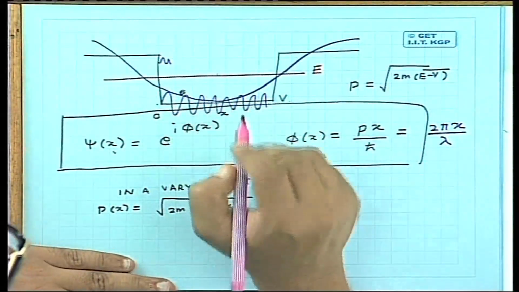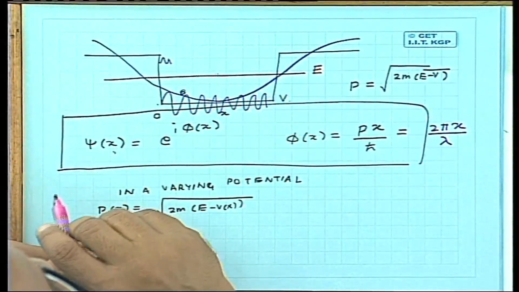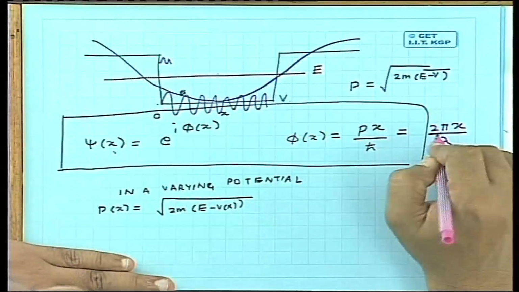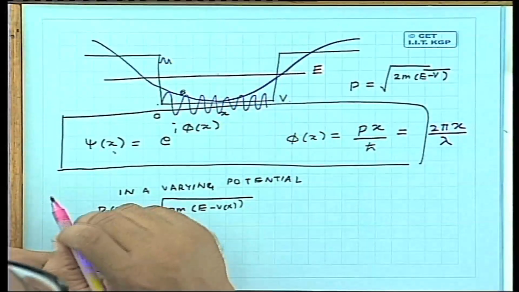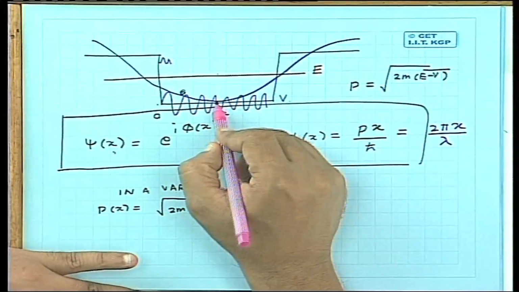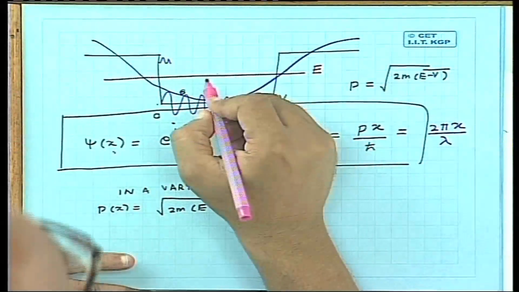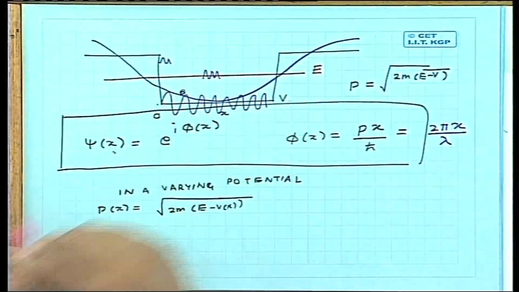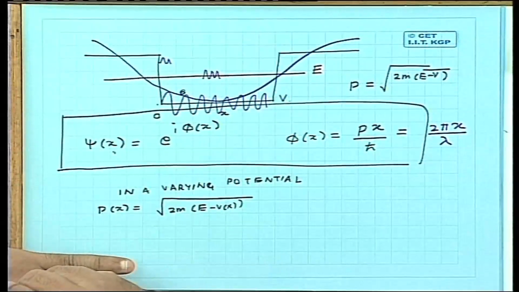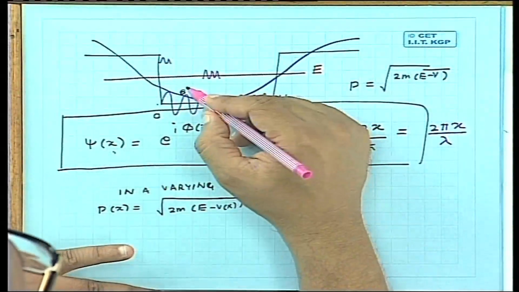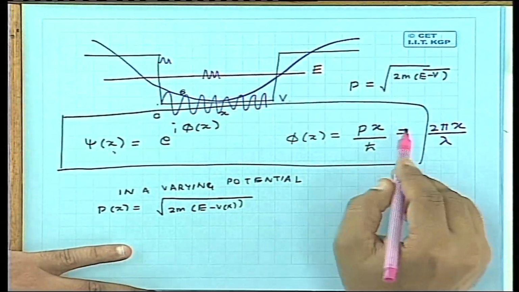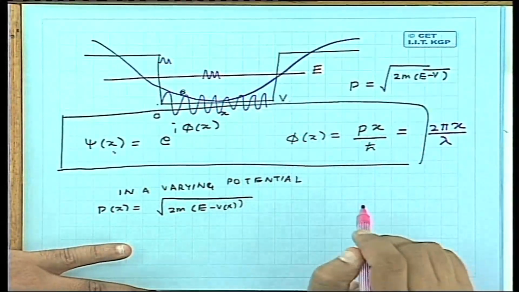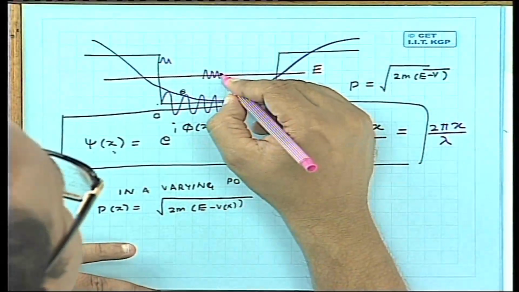The wavelength is going to be shortest when the momentum is largest. In this situation we know that the momentum is largest somewhere near the bottom of the potential well. So the wavelength is going to be the shortest over here, and then as the particle goes up the potential, it keeps on losing kinetic energy, the momentum gets smaller and smaller, and the wavelength has to get larger and larger.